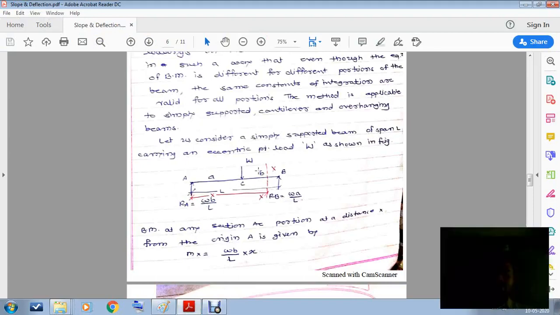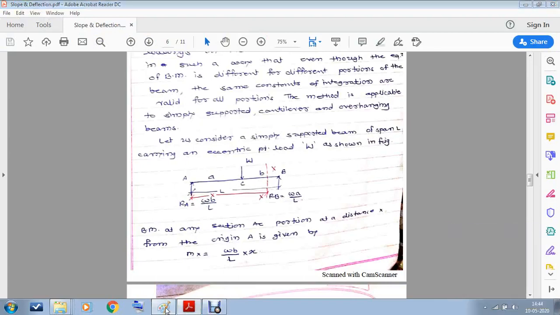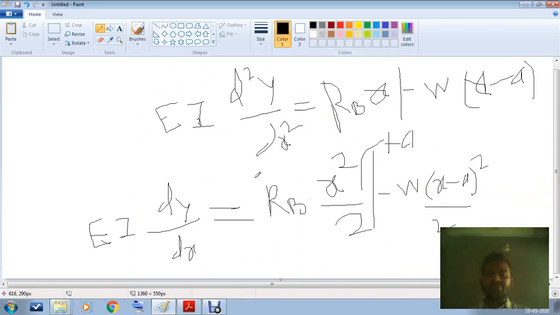By integrating first, we get this equation, which we call the slope equation.